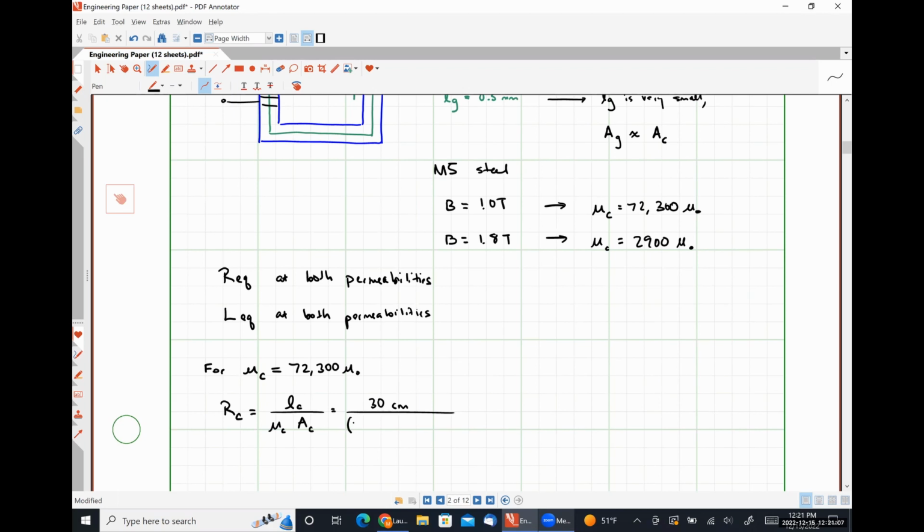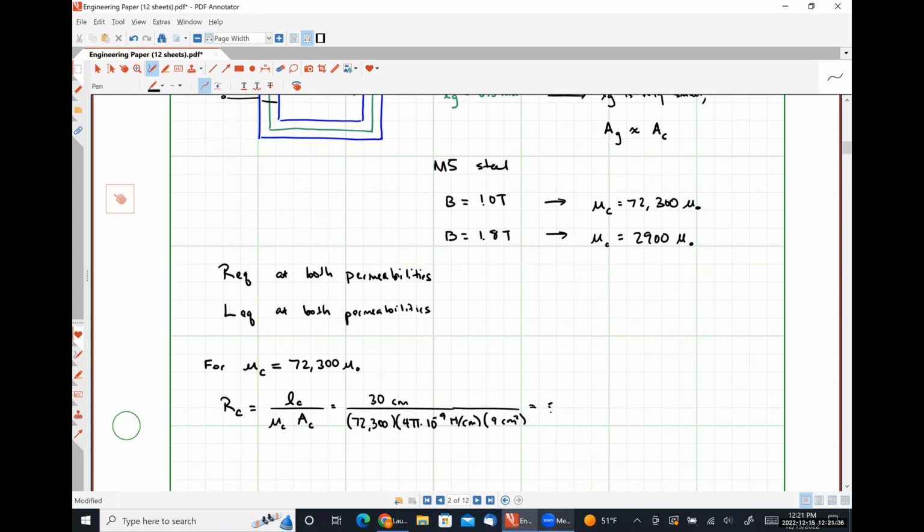Mu C is 72,300 times 4 pi times 10 to the minus 9 henries per centimeter times our 9 centimeters squared. And we get 3.669 times 10 to the 3 amp turns per Weber.